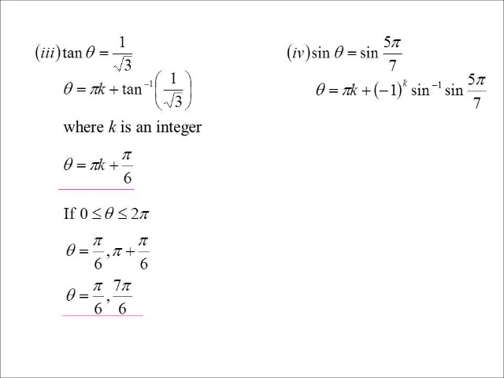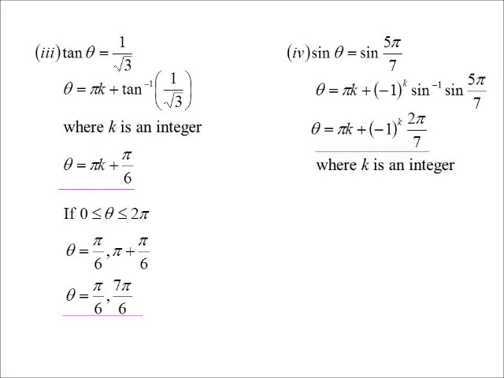Now an obtuse angle for sine would be positive, so therefore we're after the acute angle. And the equivalent acute angle would be 2 pi on 7. So there's our formula. It is important you write where k is an integer, because if you don't put that in there, theoretically you could sub in k equals a half or k equals a third, and that clearly would be wrong.